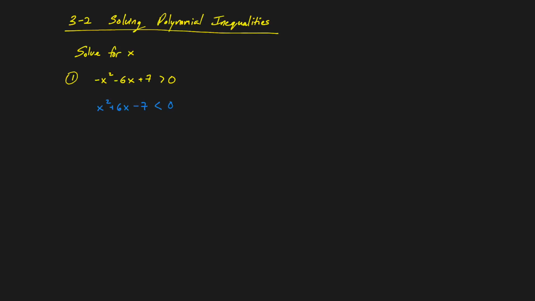So let's keep going. What we want to do is factor this out because we want to know where this is true, and basically make it as simple as we can to deal with this condition of 0. So if we factor this, x and x, the factors that create 7 here are going to be 1 and 7.